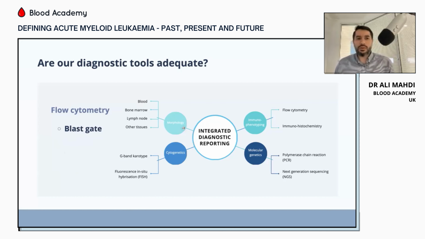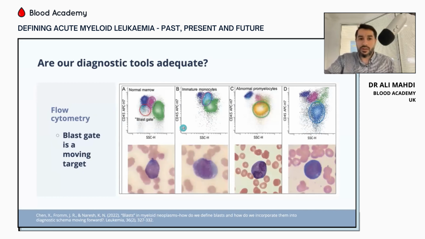Then you have this issue in terms of flow cytometry. If I give you these examples here, what you define as a blast is very important and can vary quite significantly based on the different diseases.